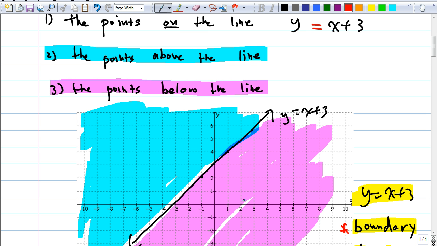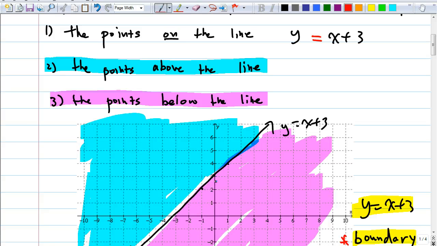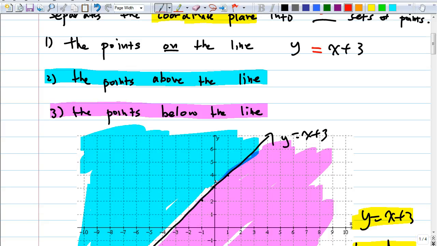Doesn't it separate into 3 sets of ordered pairs? In other words, if I were to pick a random point from this coordinate plane, that point will be either on the line, above the line, or below the line. By the way, this line is called something, we'll get there in a minute. Any questions? Does this make sense?